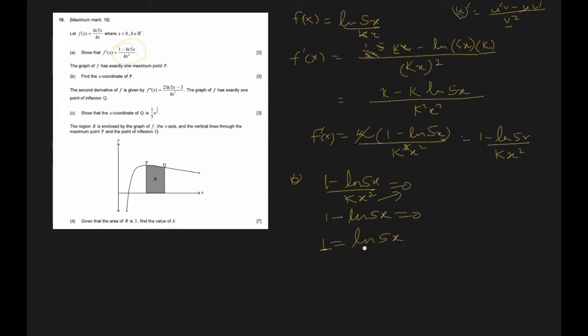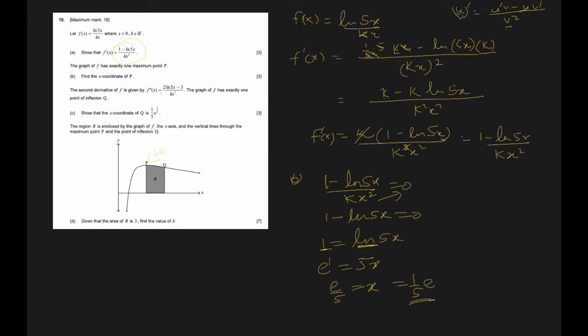What if I want to remove this ln from this side? It will become e to the power 1 is equal to 5x, right? And then if I divide both sides by 5, we get e over 5, or if you want to write 1 over 5e. This is the x coordinate they are asking for P. This coordinate here is 1 over 5e.